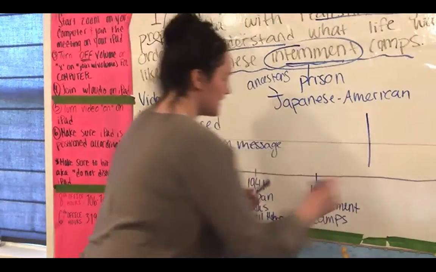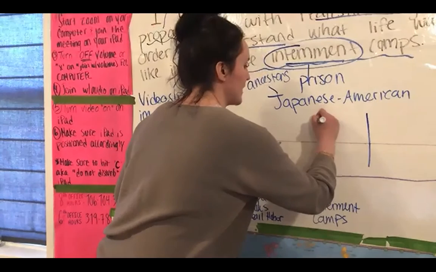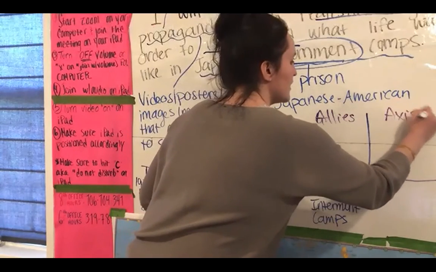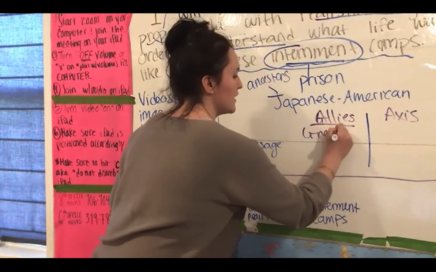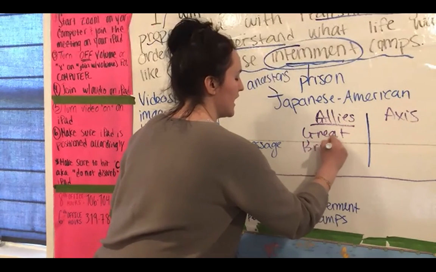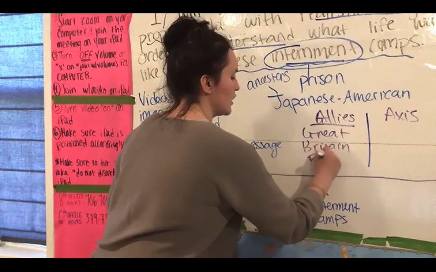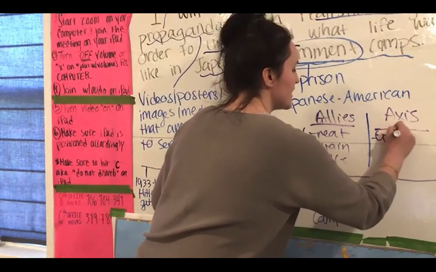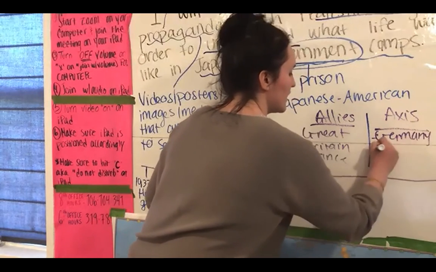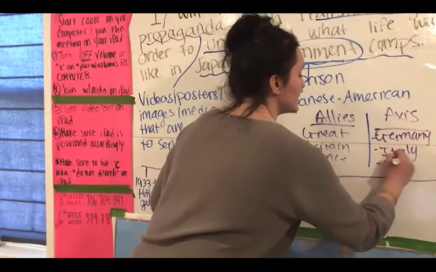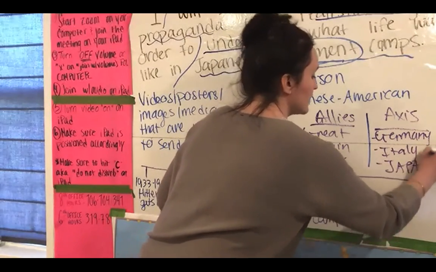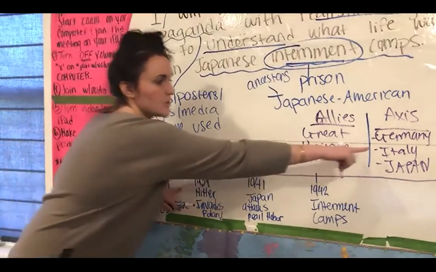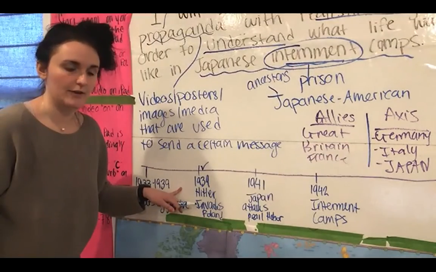So on one side, on the Allied side, Great Britain and France come together, along with Russia and China. And on the Axis side, we've got Germany, Italy, and Japan. Okay? By 1939, it's full-blown war. All the Allies and all the Axis are fighting against each other.